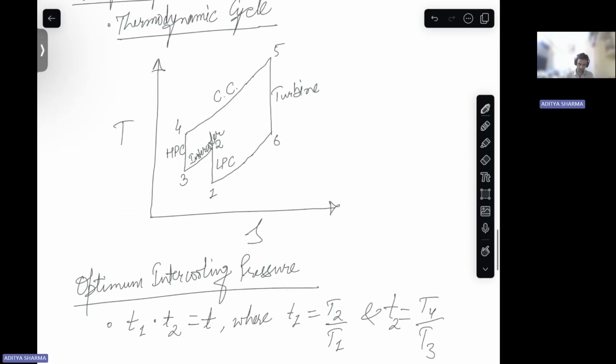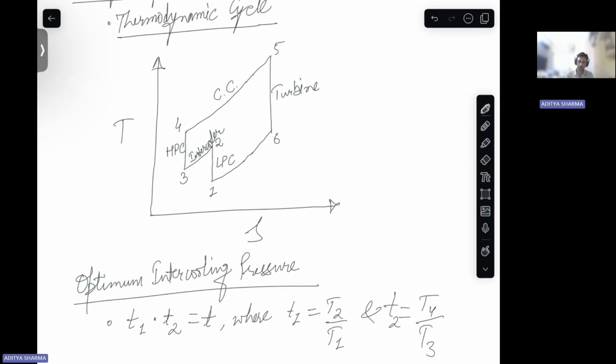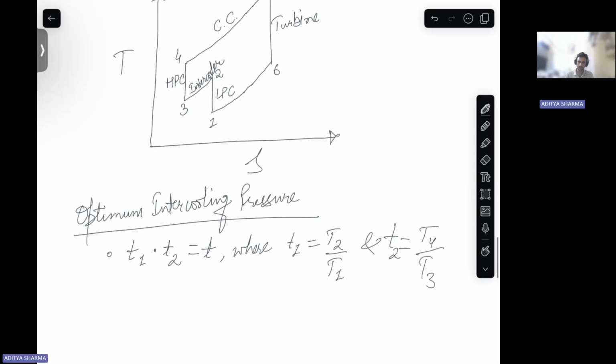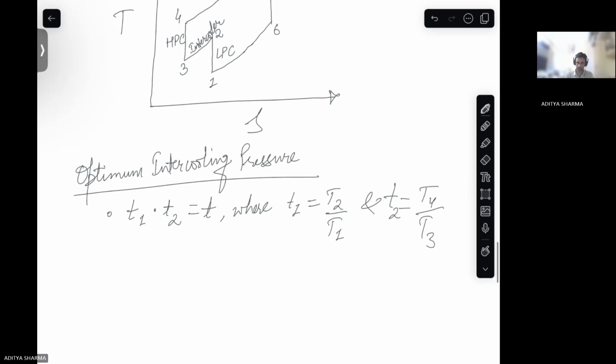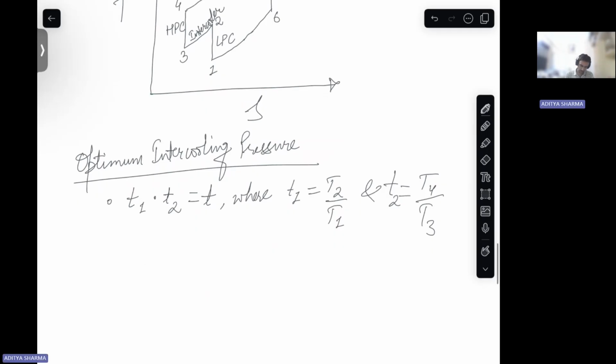So these are the temperature ratios for both the compressors, high pressure compressor and low pressure compressor, right? Now also from this point, you can deduce this.